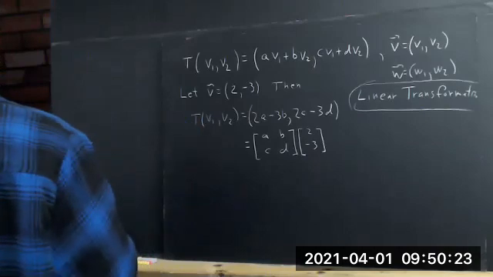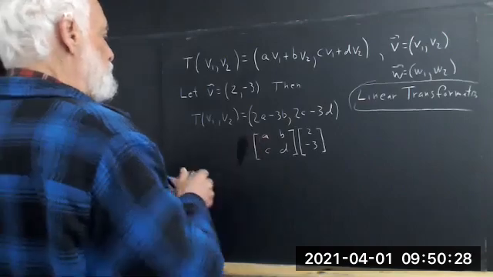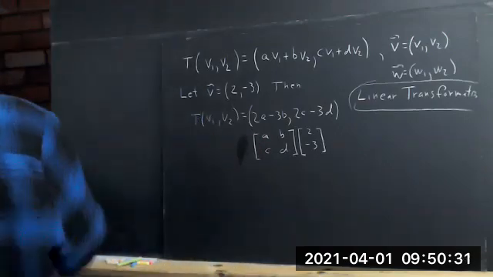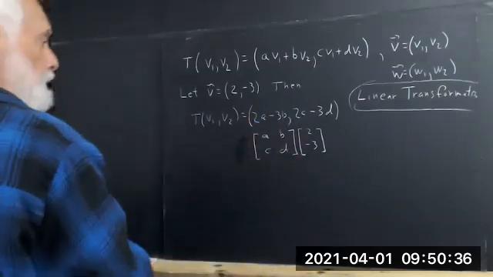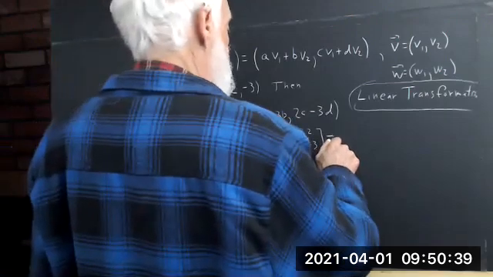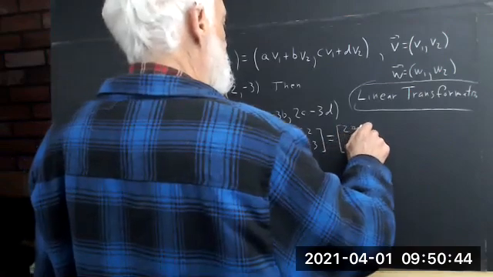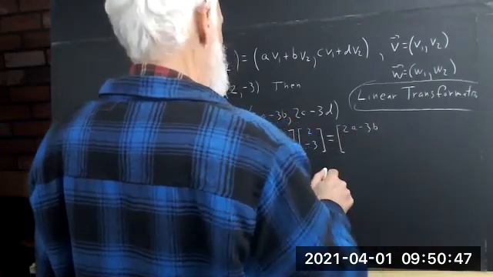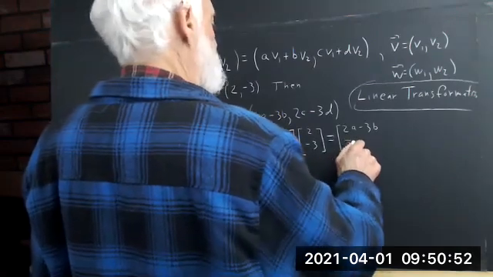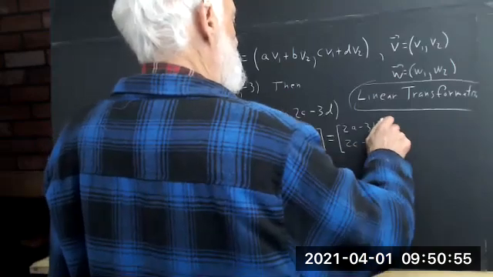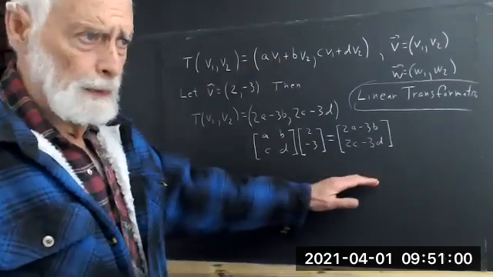Maybe I shouldn't use an equal sign there, so I'm going to take the equal sign away. I'll just make a note of the fact that these same components can be obtained from a matrix equation, because this matrix equation gives us 2A minus 3B and 2C minus 3D. We'll talk more about this matrix equation later.